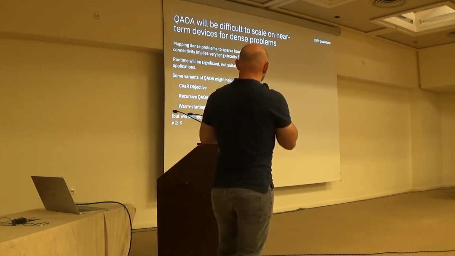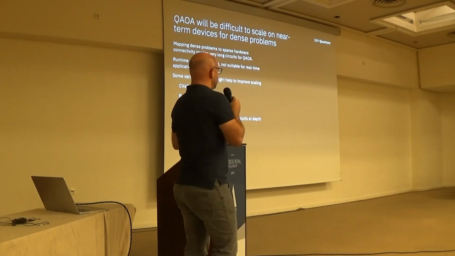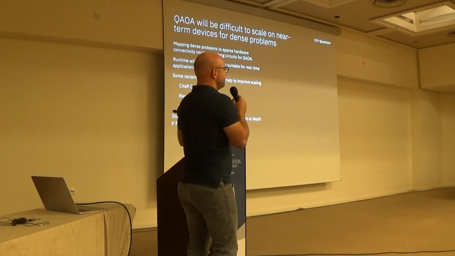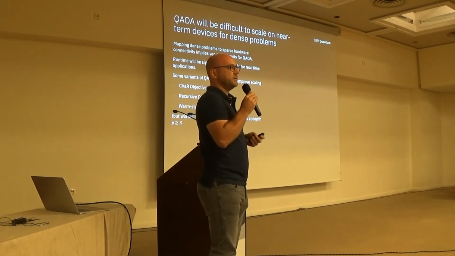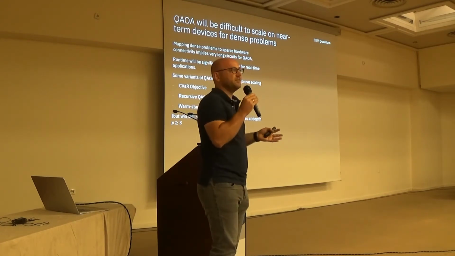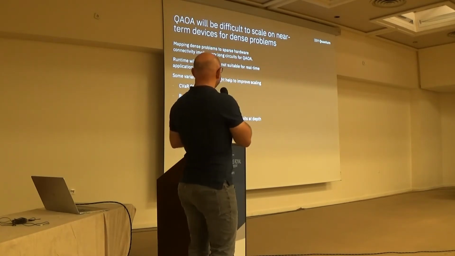That's one thing. The second, even if we can apply it, the runtime will be pretty significant, particularly for dense problems, so we have to be careful in the applications. If you are interested in some real-time application, sometimes you read something about high-frequency trading in the press, this is definitely not an algorithm for high-frequency trading.